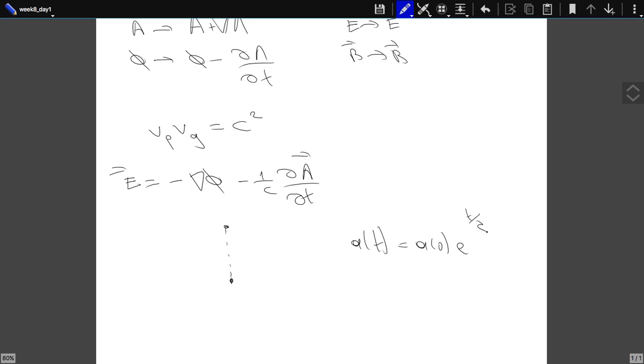The relationship between phase velocity and group velocity, is it only valid in vacuum or in a dielectric medium? That's in waveguides. Well, in fact, that is basically because of the fact that omega squared is equal to k squared plus some constant.